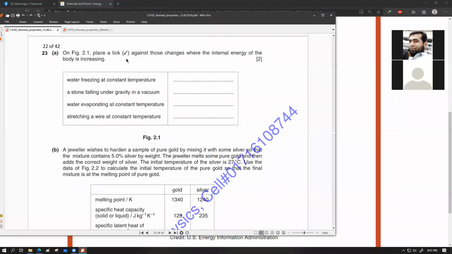Oh, acha, like it is getting balanced by the P decreasing and K increasing, I guess. No, not at all. It is freezing, which means energy has to be extracted out of that liquid water to convert it into solid. So total energy is going down, not increasing. Internal energy is decreasing, hence no tick sign.